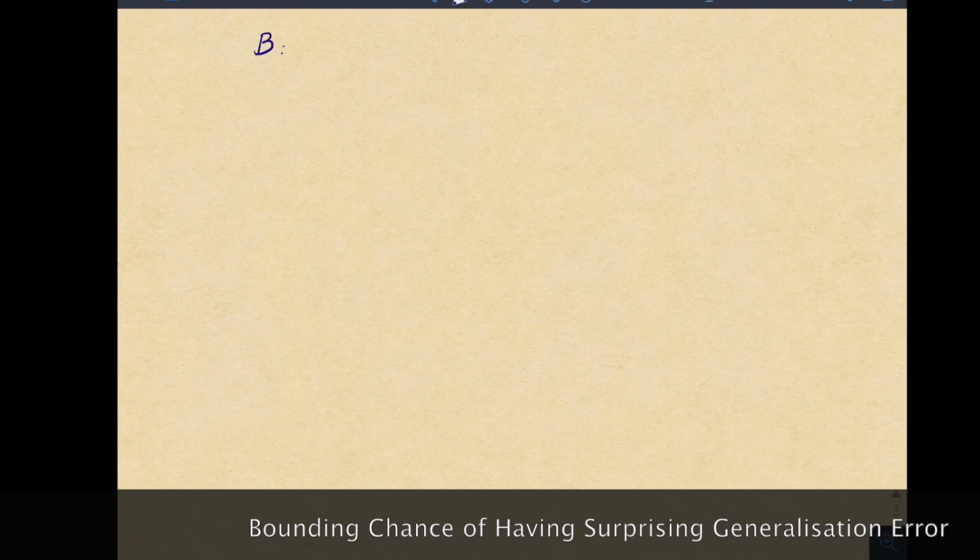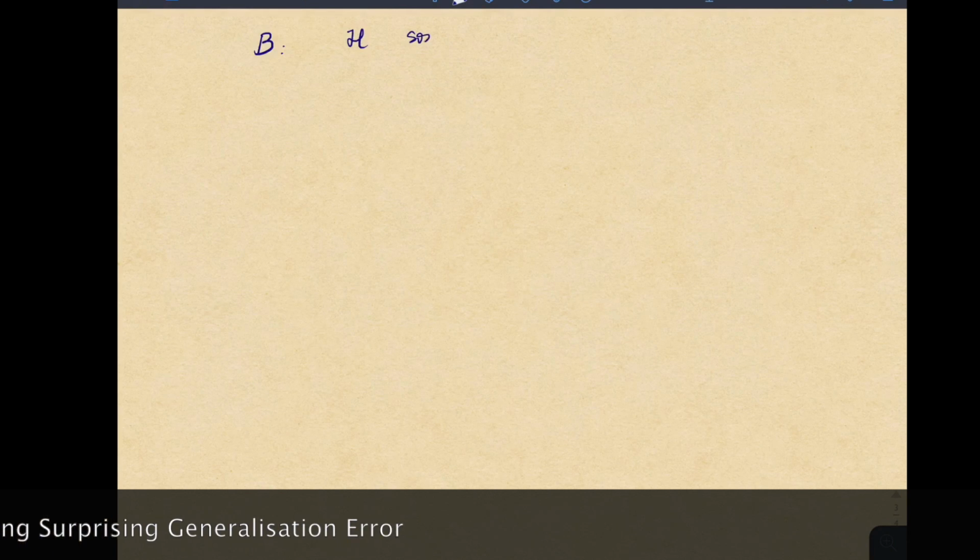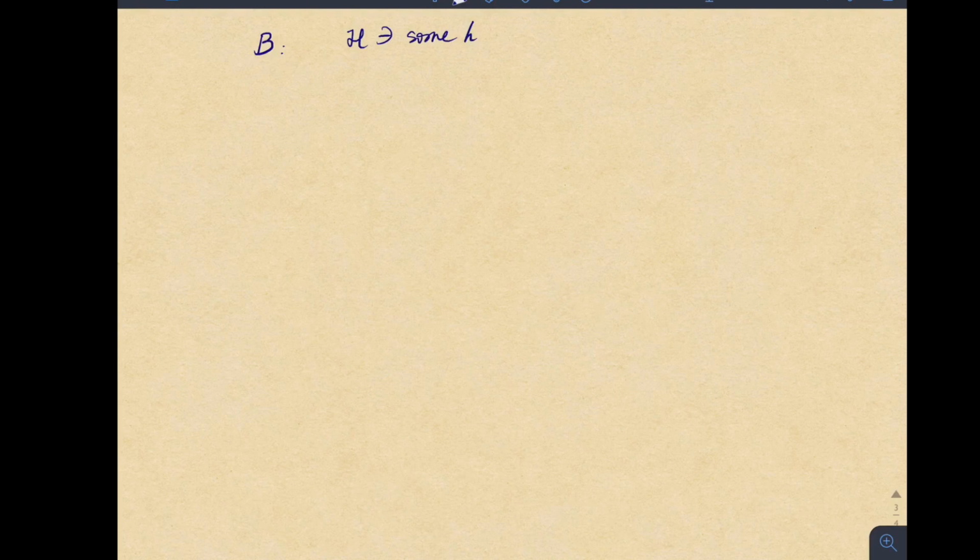Back to our problem. Let's have the event B, which is called the bad event. That is, in our hypothesis set, there is some hypothesis H such that the error evaluated for this H using our dataset D deviates from the true out-of-sample error of H by a value larger than epsilon.